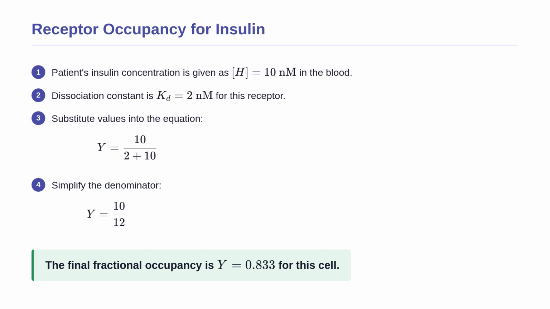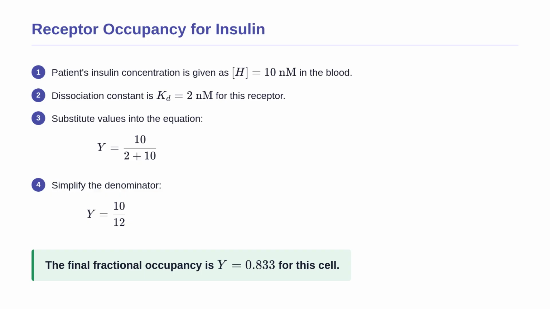Now that we have our formula, let us apply it to a real clinical scenario. Let us imagine a patient whose pancreatic beta cells are releasing insulin. The concentration of insulin in the blood is 10 nanomolar, and the dissociation constant for the insulin receptor is 2 nanomolar. We want to find the fractional occupancy.